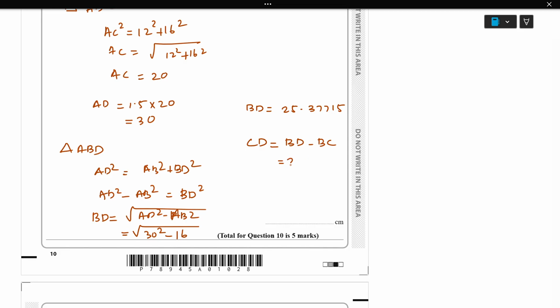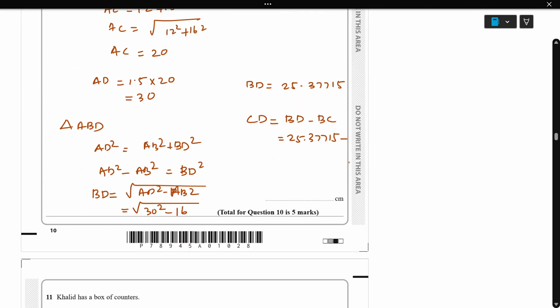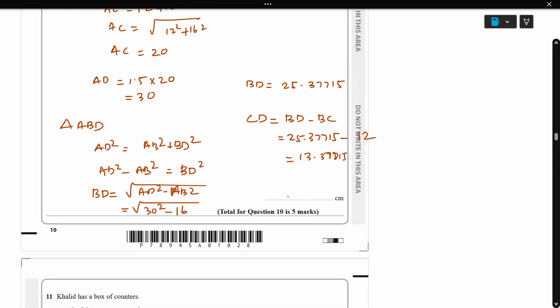So BD is 25.37715 minus BC is 12, which is equal to 13.37715. So the question says round to 3 significant figures, which is 13 point here. The next number is above 5, so we should add 1. 13.4 is the answer here.